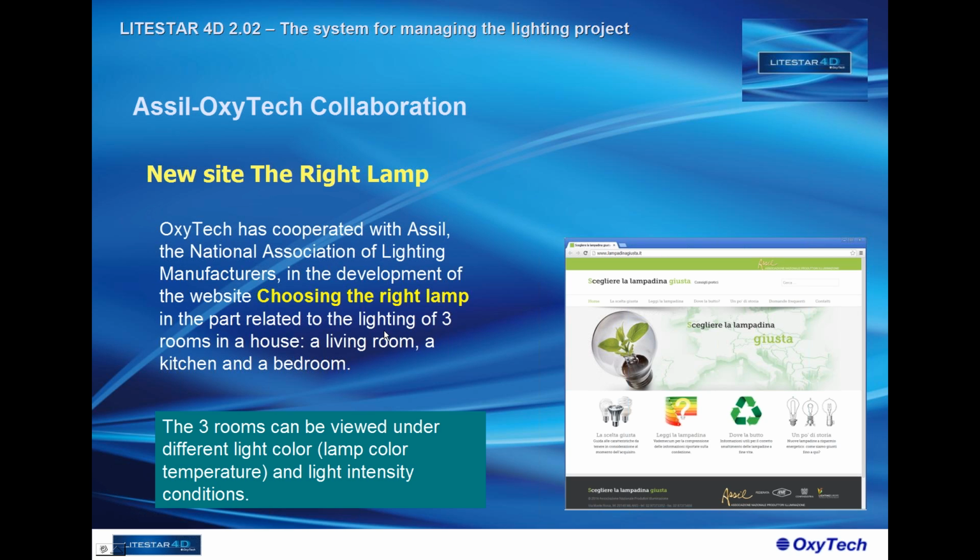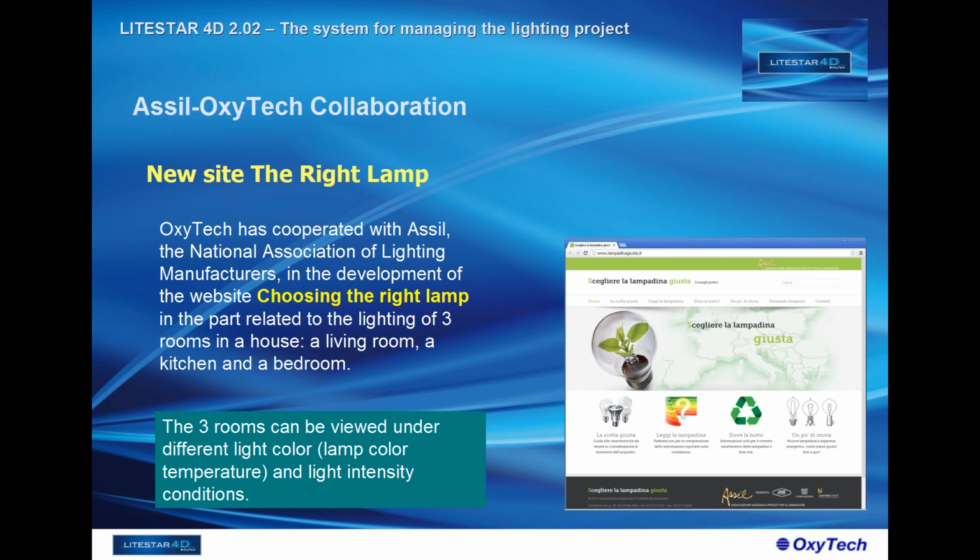The goal of this development was to show to the people in the market willing to buy a lamp and give them an idea on how to use lamps in a very simple way.